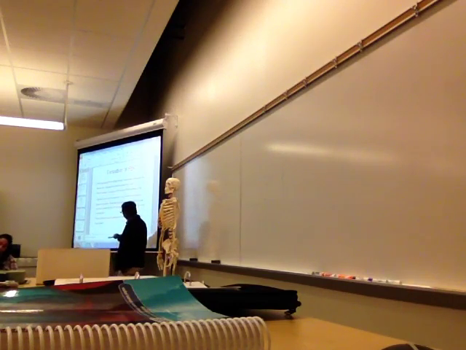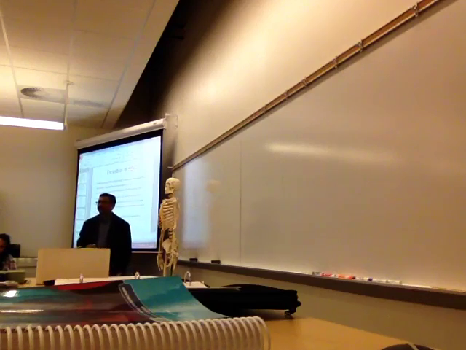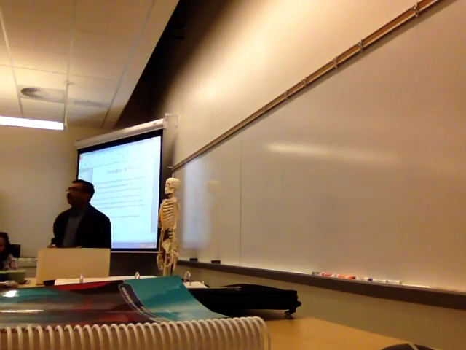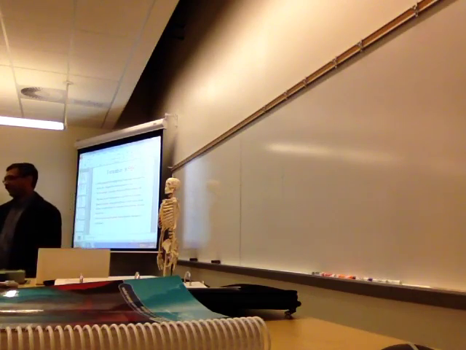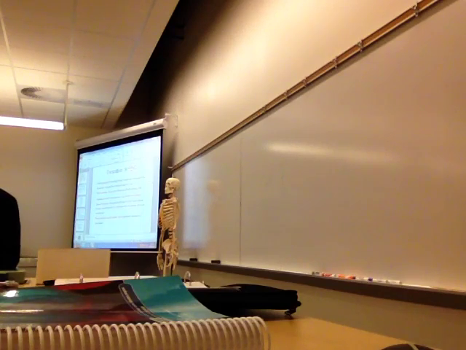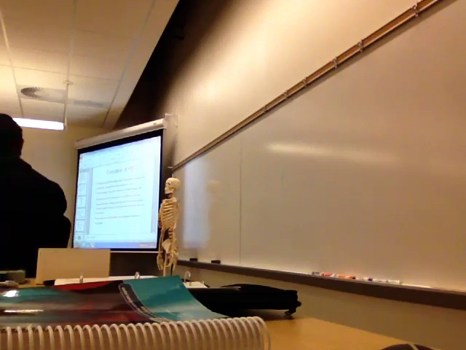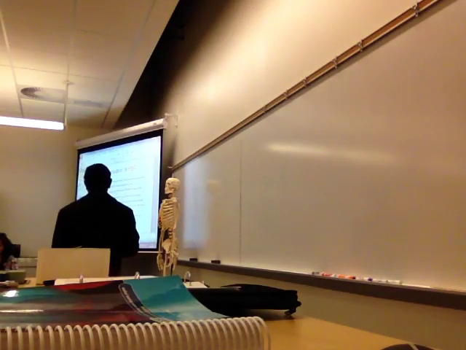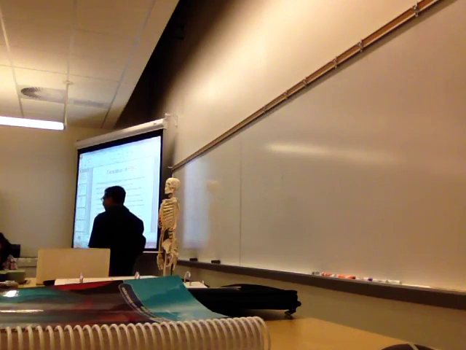Factors influencing erythropoiesis. That means, what are the things that will stimulate the bone marrow to produce more red blood cells? We know that bone marrow produces red blood cells. One is renal erythropoietin, a chemical.